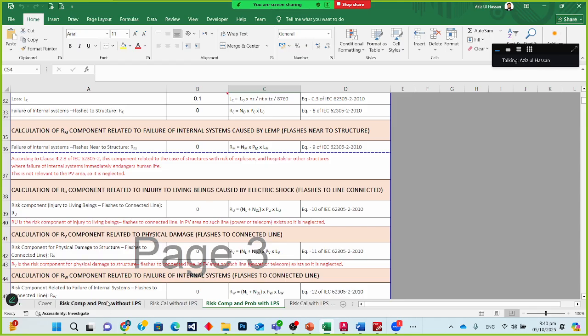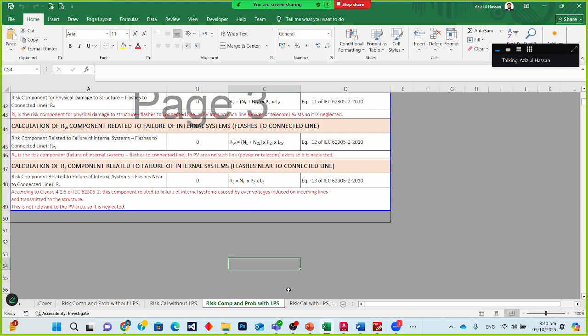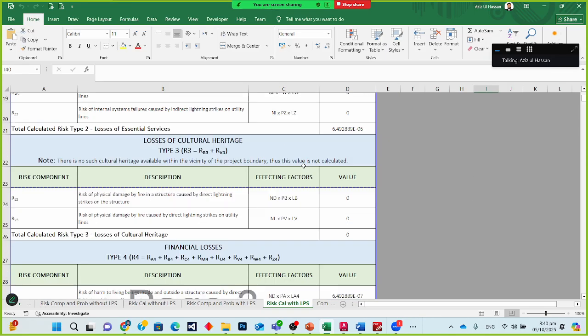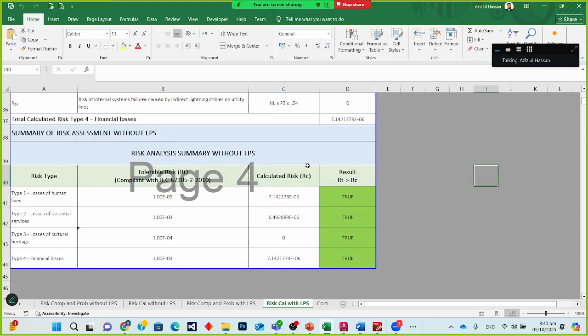As previously, we calculated all the values of the risk components and submitted all the options. Now you can see that our calculated risk is less than the limit values. So as per this, we have to give the level 4 protection.